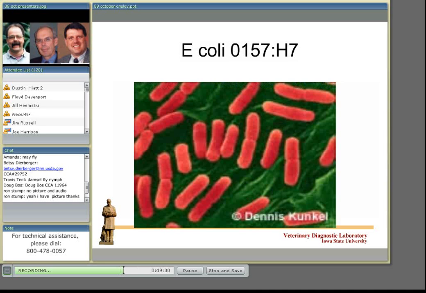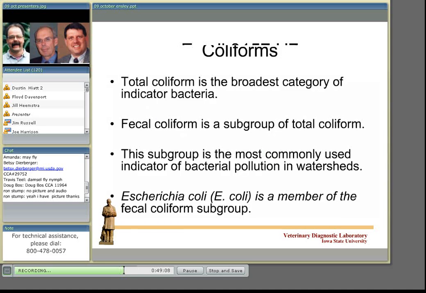This is just a microscopic view of the E. coli, the subpopulation in the coliform bacteria. And again, the total coliform is what we measure. Total coliform per 100 mil is how we measure that. Fecal coliform is a subgroup, and E. coli 0157 was a subgroup of the fecal coliforms.